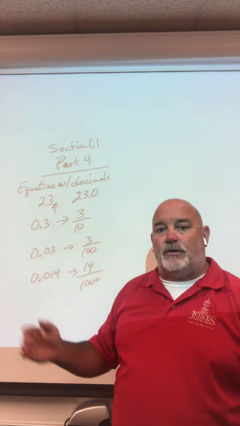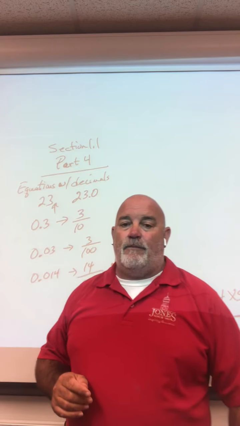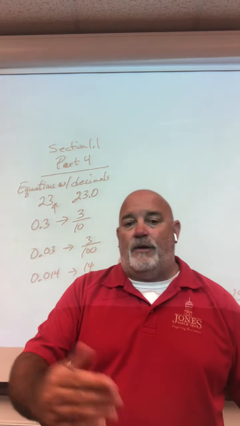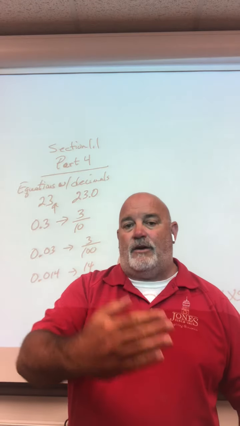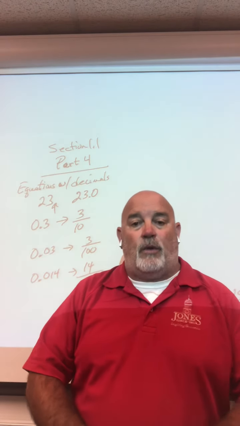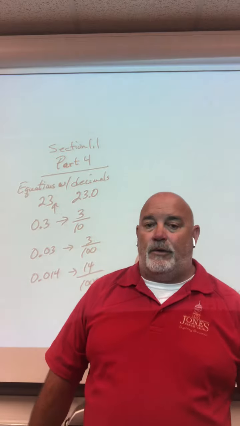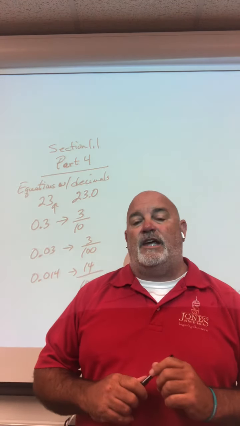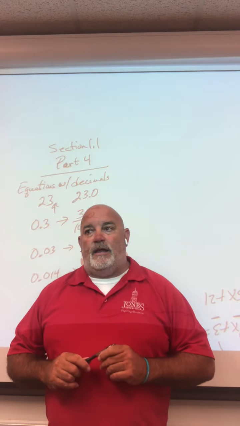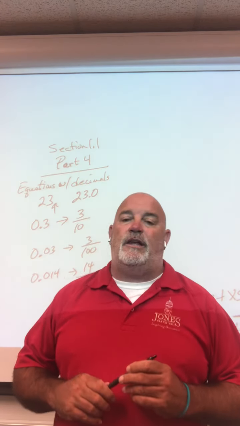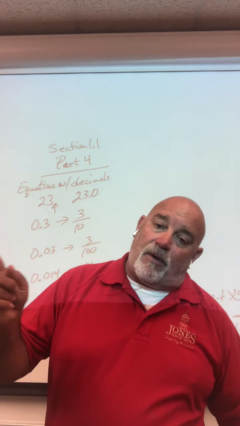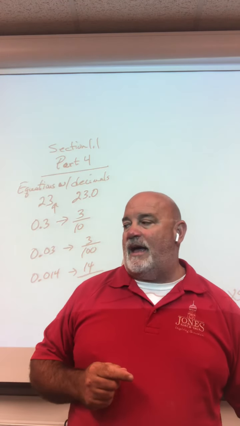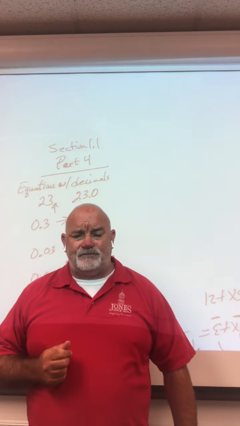By multiplying through by the least common denominator. So if a decimal is a fraction where the denominator is either a 10 or 100 or 1,000, we're going to multiply through by either a 10 or 100 or 1,000 to get rid of the decimals. Now you say, well, how do you know which one you need to multiply by? It depends upon how far the decimals need to be moved. And I'll explain that when we get to the problems.